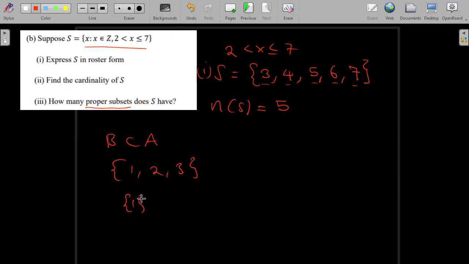This is going to be a proper subset. The set 2 like this, this is going to be a proper subset. So it must not contain all the elements that are there.